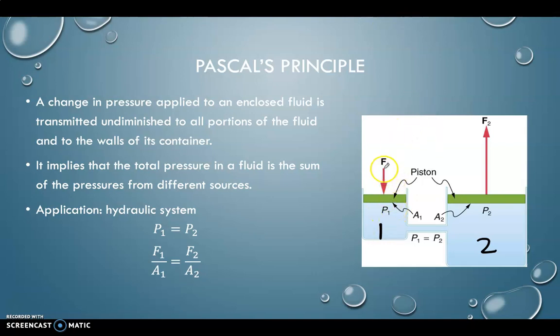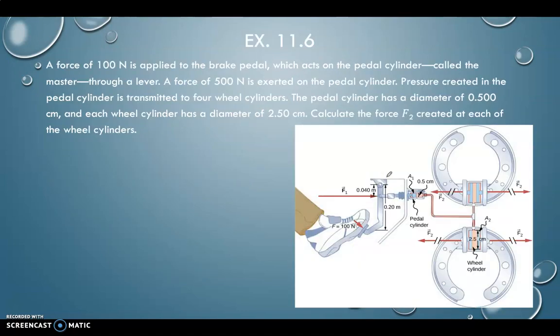So again, if I apply a force here, there's going to be a force in response to that other one that was applied, if that makes sense. Okay, I know that was a little bit confusing to understand, but we'll go through some examples and then it should be okay. Okay, so let's go ahead and do that.